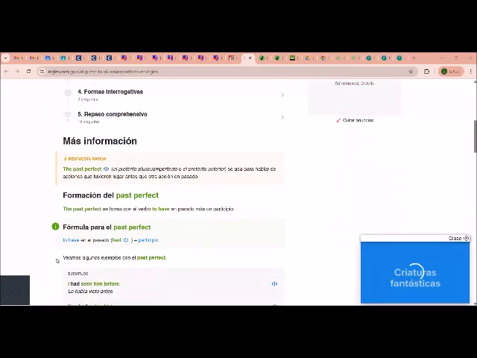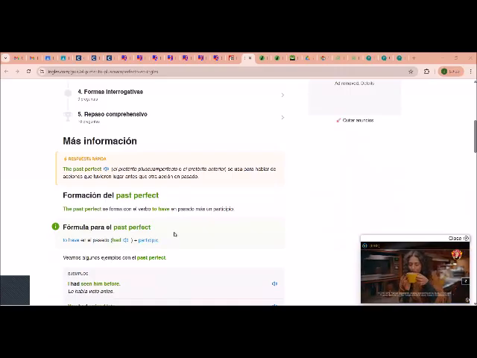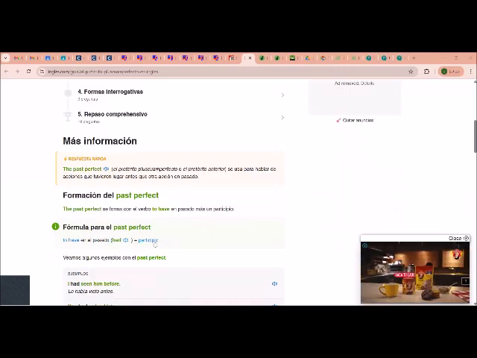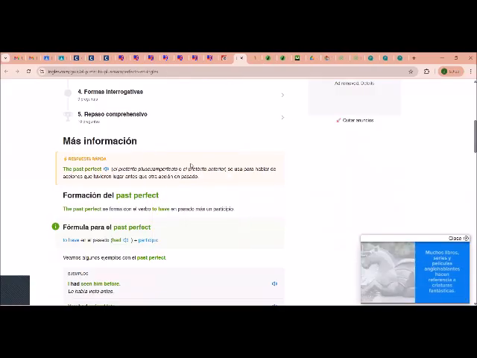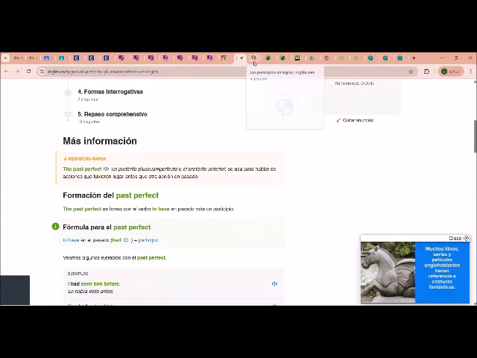We're going to be using our verb to have in its past form, and we're going to pair it with participles. Now, we have a lot of participles in English, and these participles are what we call that third form of our verbs.